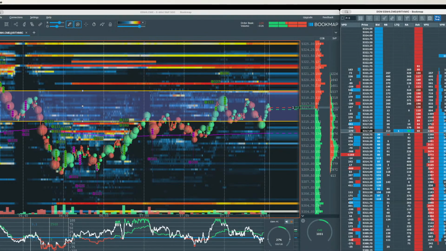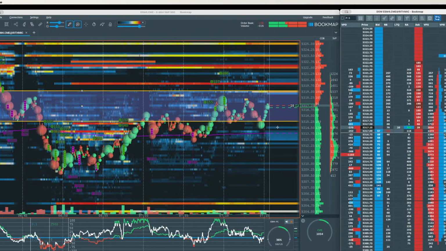And it finds support and comes back up to this zone. So, I mean, the sellers are just not popping in like I would like to see.